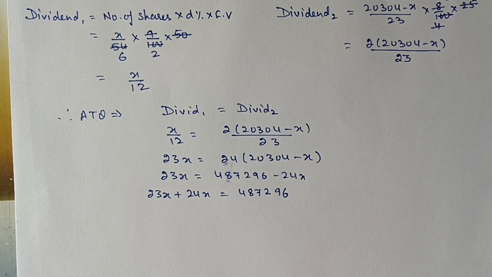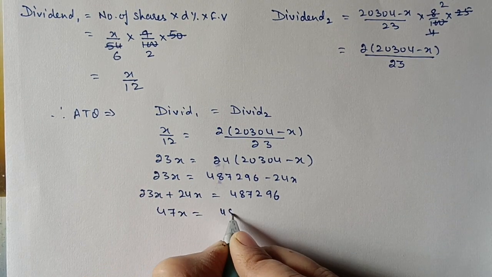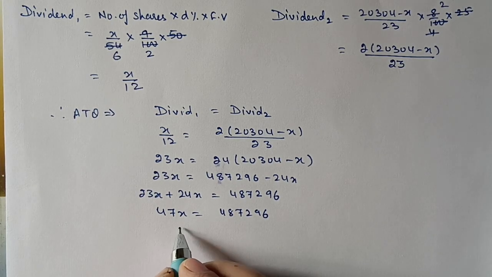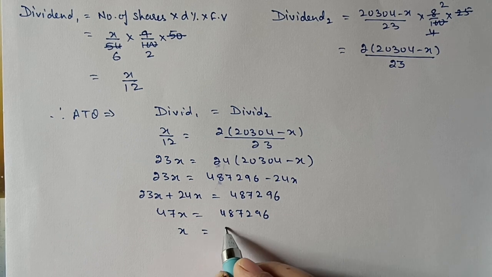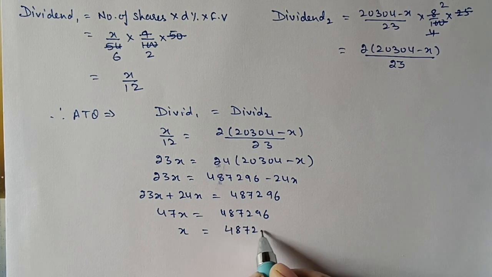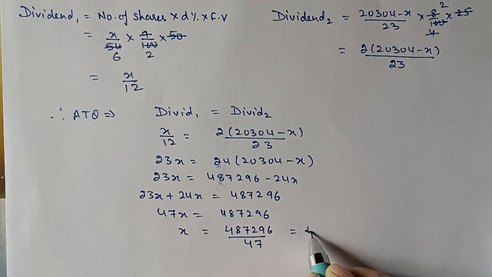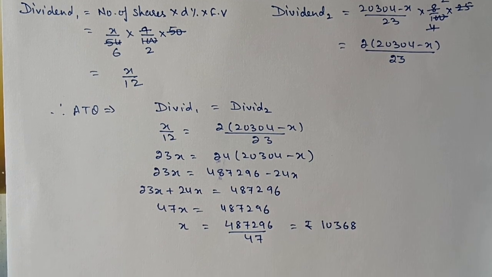This 24x you can shift to the other side, it will go for addition. So it will become 47x is equal to 487296. 47 also you can shift to the other side. So x value will be 487296 upon 47. After cancellation we will get 10,368.